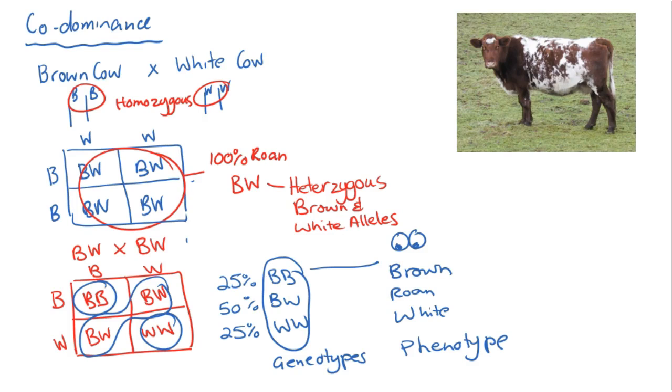If you see a roan cow, you know it has to have a brown and a white gene in order to get that phenotype. So it's a little bit easier to figure out the genotypes, or the two alleles that an organism has in codominant and incomplete dominant relationships.